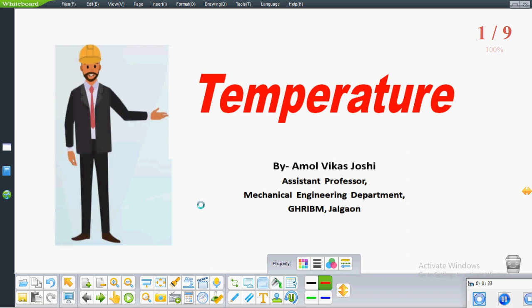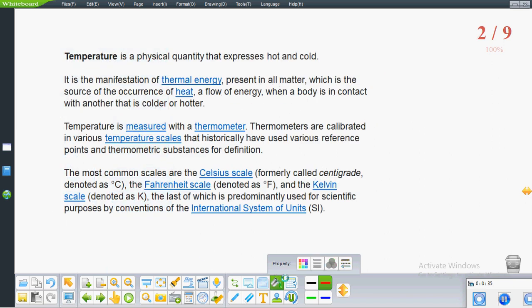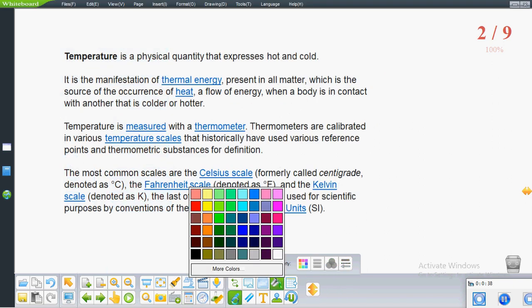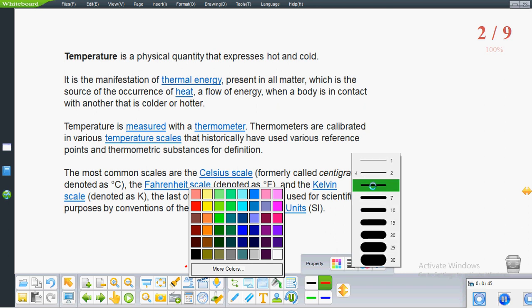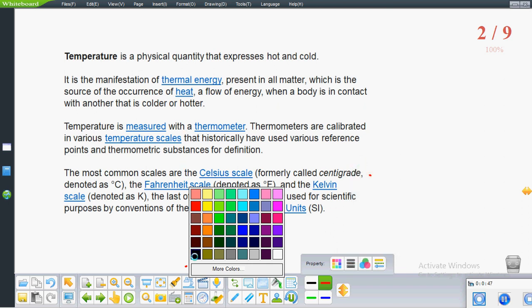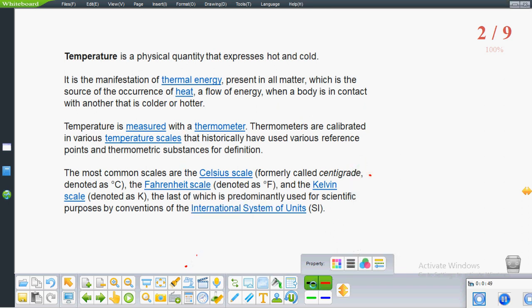The basic objective of this video is to understand the relation between various temperature scales, right? So basically, temperature is a physical quantity that expresses hot and cold. So how do we say that the temperature of water is hot?